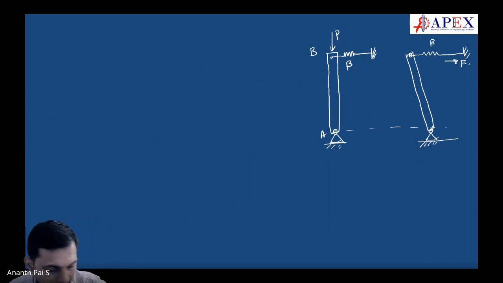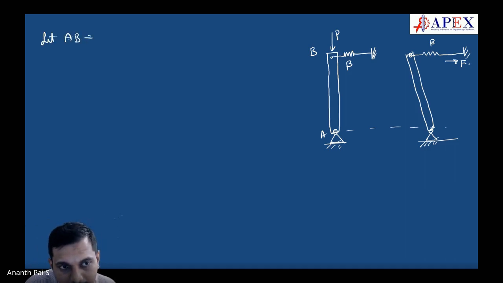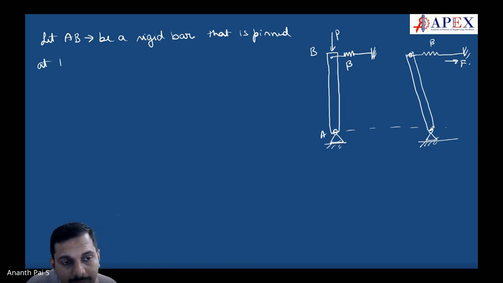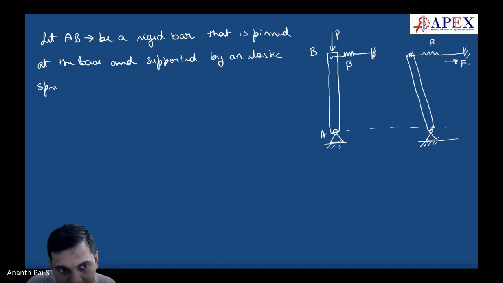Now, let us say that AB is a rigid bar. Rigid is rigid, it cannot deform. It is pinned at the base and supported by an elastic spring of stiffness beta.